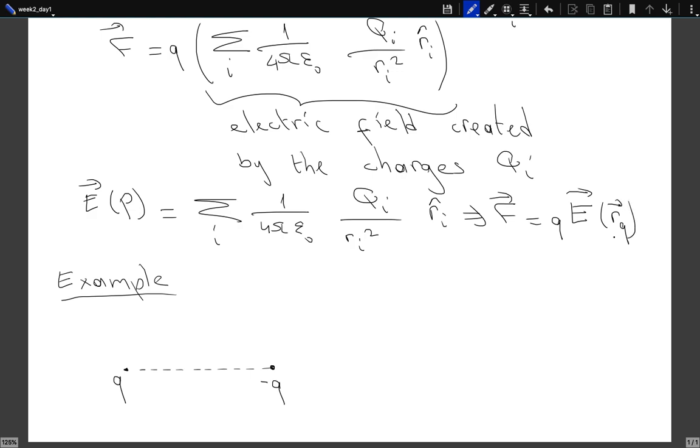So if you put a charge Q at a given point, the force it will feel will be its charge multiplied by the electric field at its position, at the position of the charge.